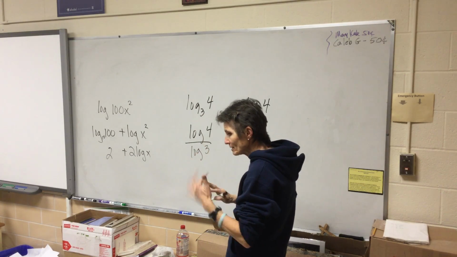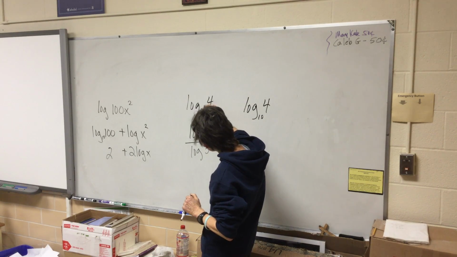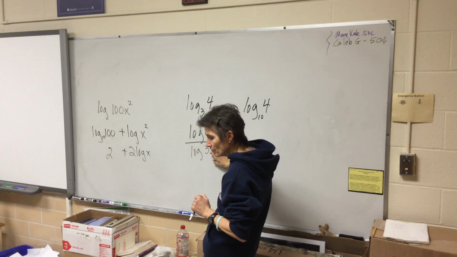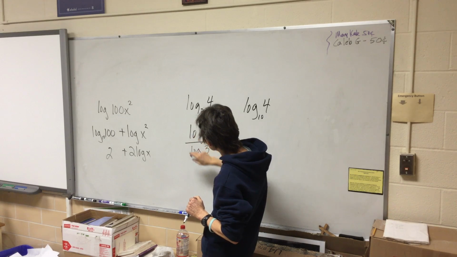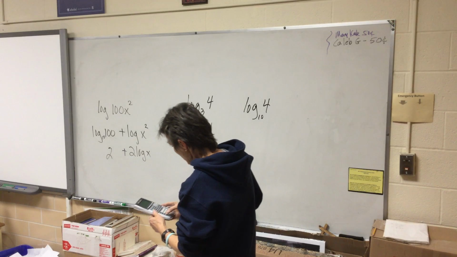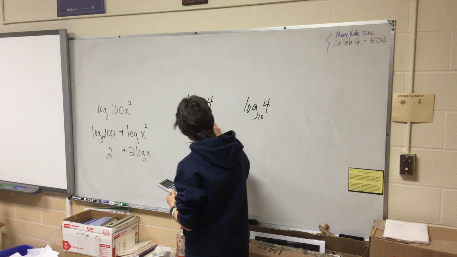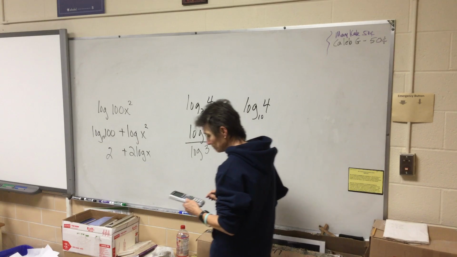And I will never get those confused because the 3 is written below, and that's where the 3 goes, below the fraction. So we're going to type in log 4 divided by log 3. Remember, when you hit log 4, close those parentheses before you hit divided by log 3.